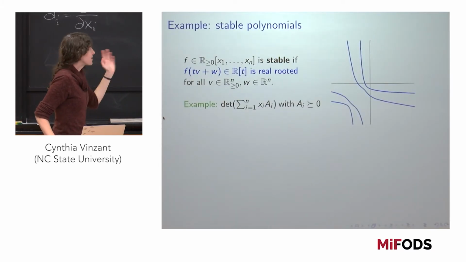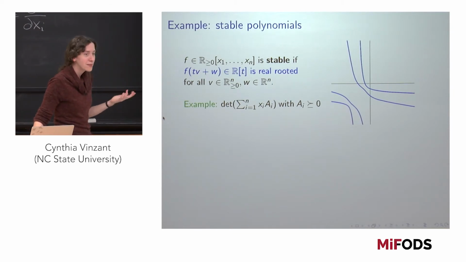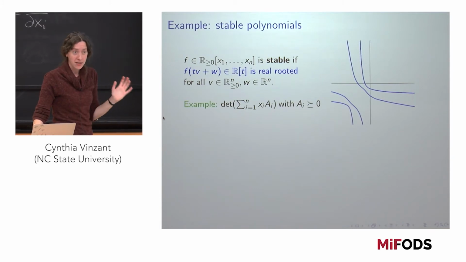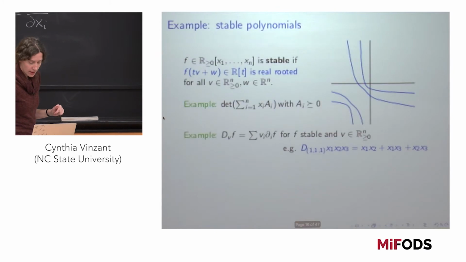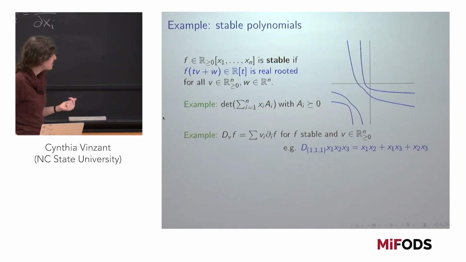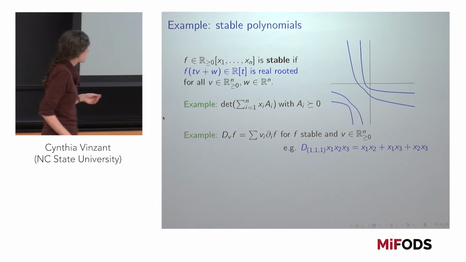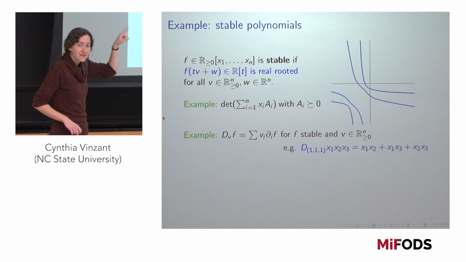One of the nicest ways to get such a thing is by taking the determinant of a linear matrix whose coefficients are all positive semi-definite matrices. Another way to get such a thing is to start with a stable polynomial and take a directional derivative of it in a non-negative direction.